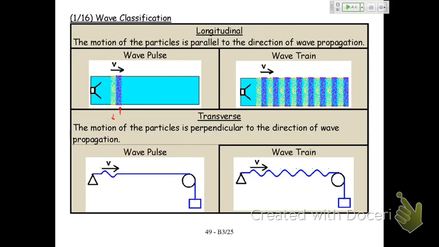That energy goes through the medium. The displacement of the medium is on the same axis as the energy transfer. The particles go backwards and forwards along the line. That's longitudinal.